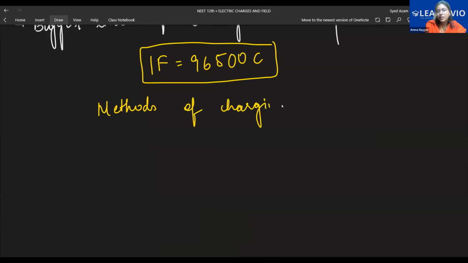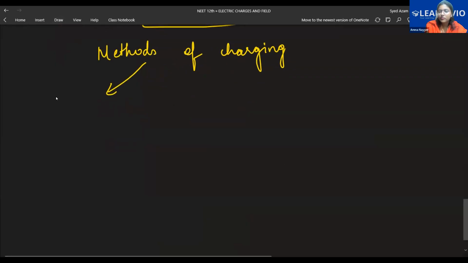Methods of charging. So at least you tell me, what's the first method of charging? Yes, anyone? Charging by friction, right? This, the first one, is charging by friction.